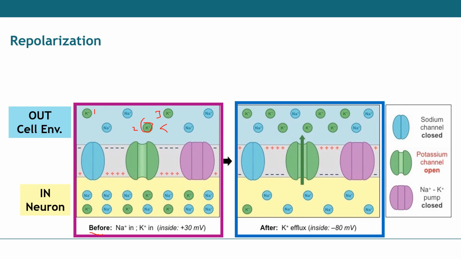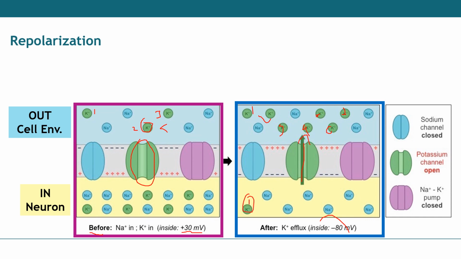So when you open the channel, what you start with is a positive charge of 30 millivolts, and now all the potassium is going to leave. So instead of 3, you have 1, 2, 3, 4, 5, 6, and 7 potassium outside, while inside you will only have one.